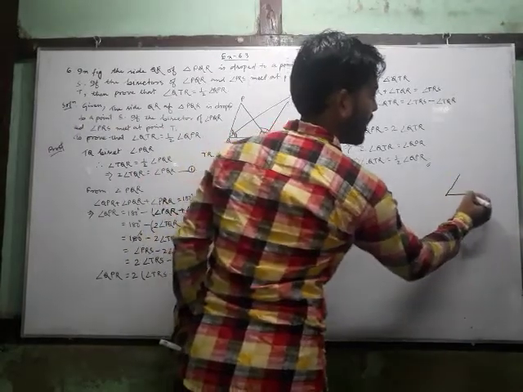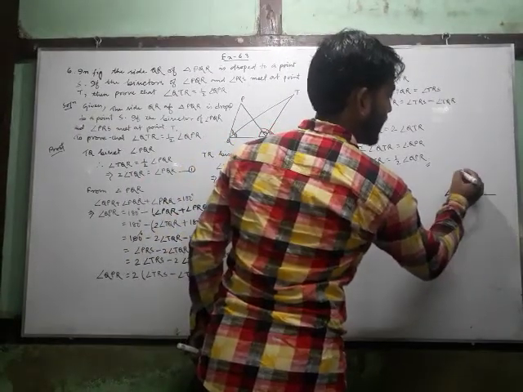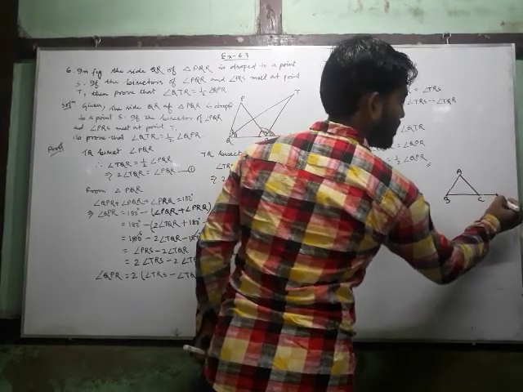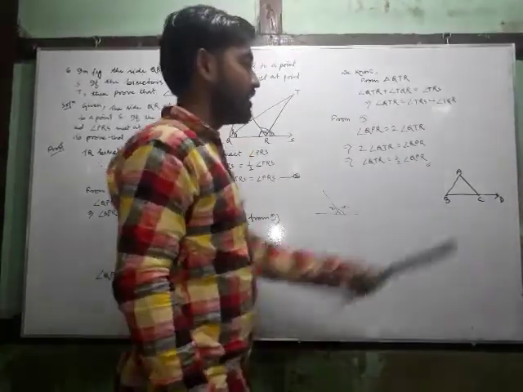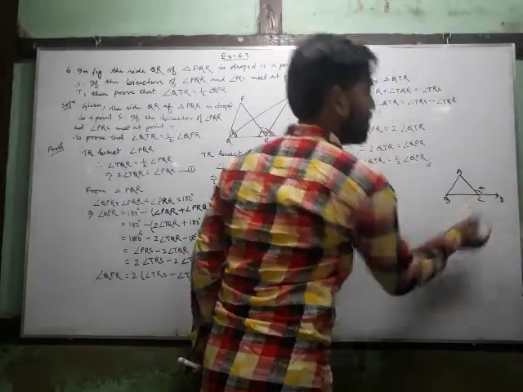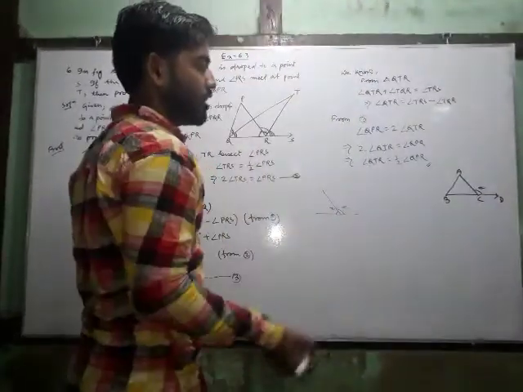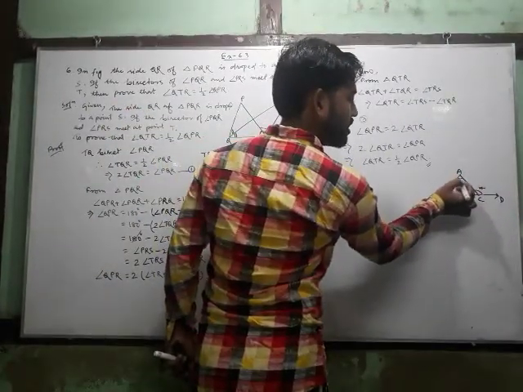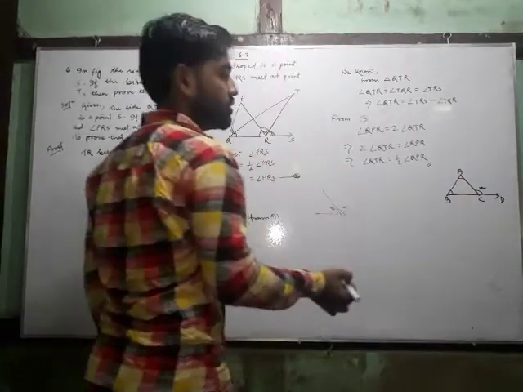Suppose this is a triangle ABC, and BC has been extended to the point D. So the external angle, this angle, is the property of a triangle: the external angle will be equal to the sum of the two opposite interior angles.